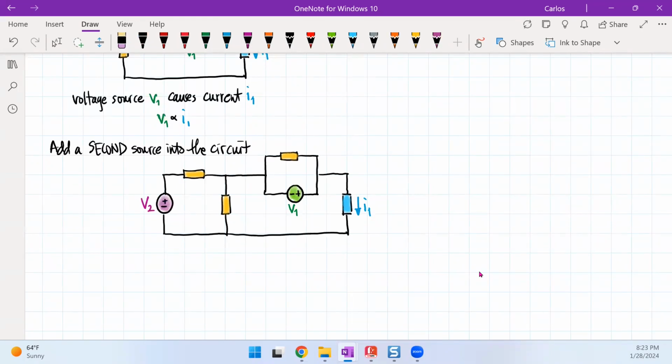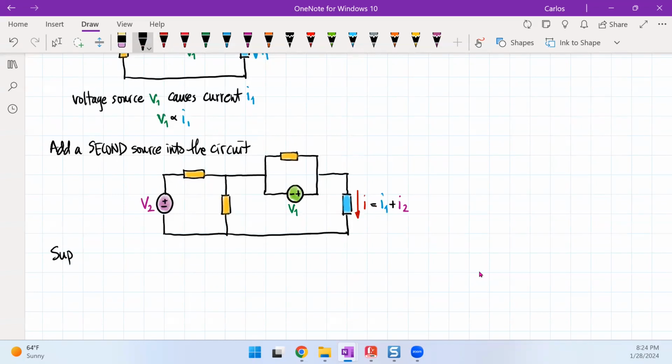Now if I focus on the current of this source, here's what we're going to find: the net current I is going to be equal to not only the first current, but also the second current. And this is what we're saying is superposition here.